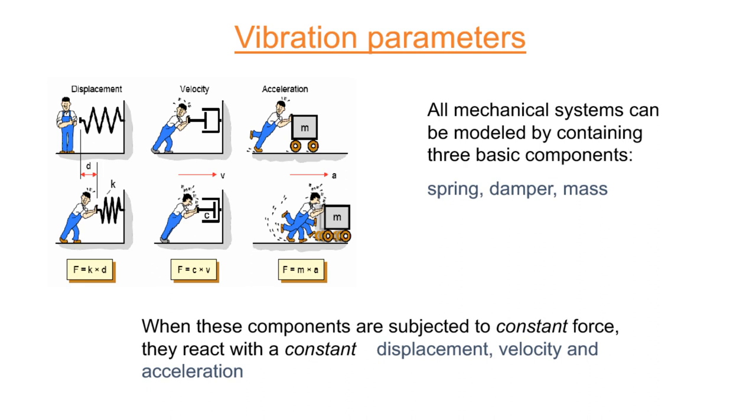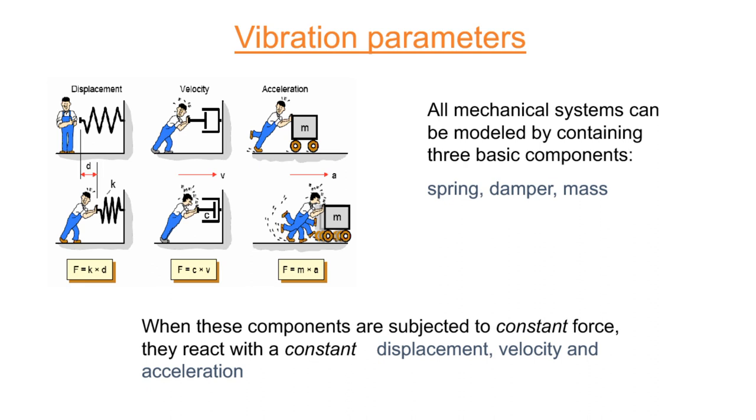Now what are we studying? Vibration parameters. These vibrations can generally be explained by 3 parameters: displacement, velocity and acceleration, based on these 3 components, that is spring, damper and mass.